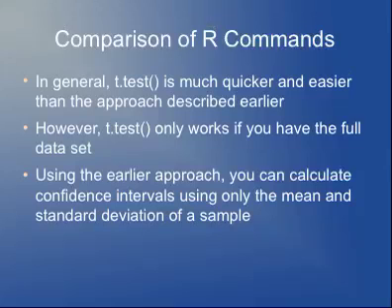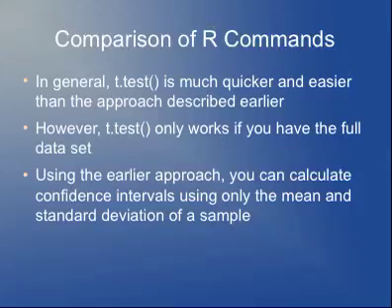Pretty much the only reason why you might want to use that formula instead of t.test is that to use t.test, you have to have the full data set in R. If you don't have the full data set, if all you have is the mean and standard deviation, you can't use t.test. In that case, you will have to use the formula directly. That's not common, but it does happen on occasion.